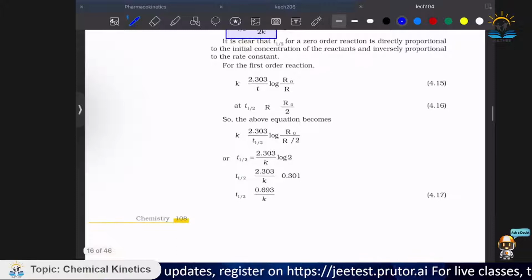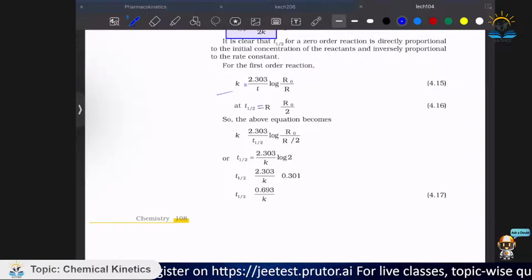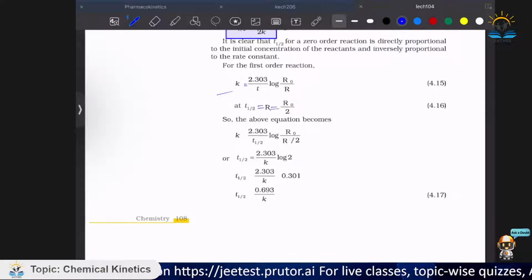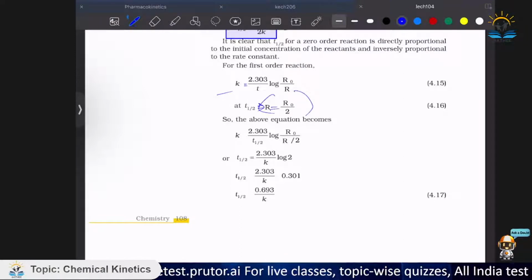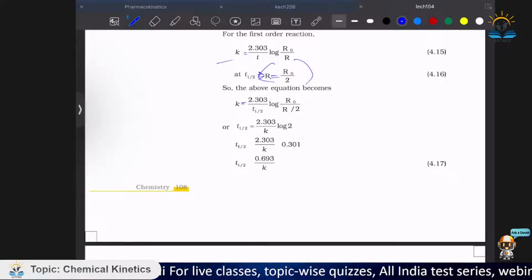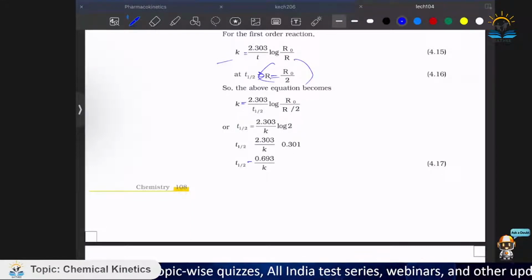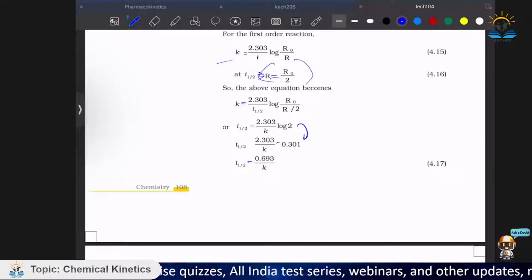For first order reaction, this is the K. Again, at t 1 by 2 or half-life, R will be R naught by 2. Above equation becomes this, or you can simplify this further.